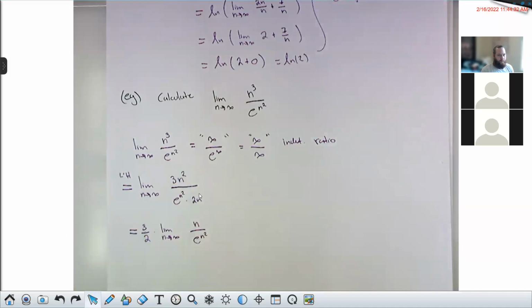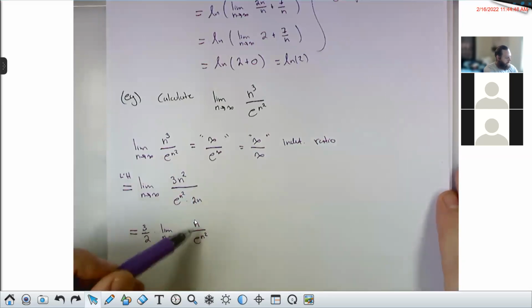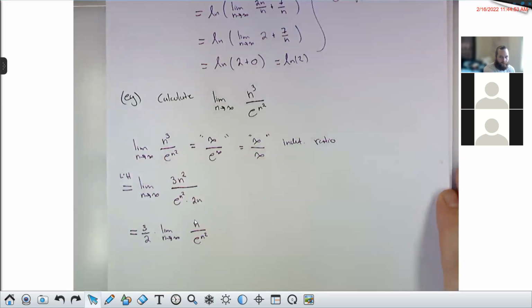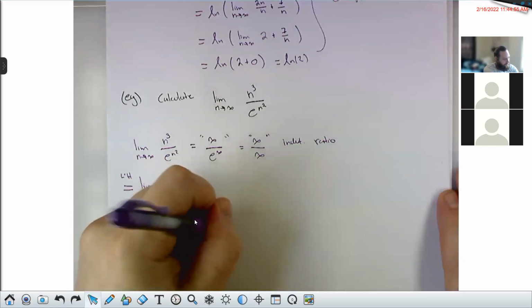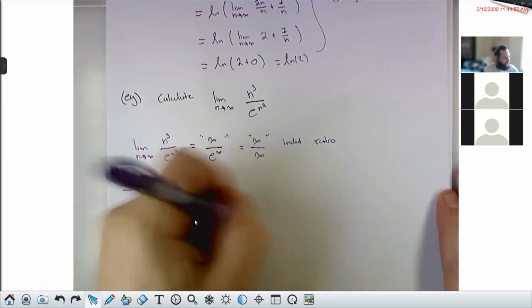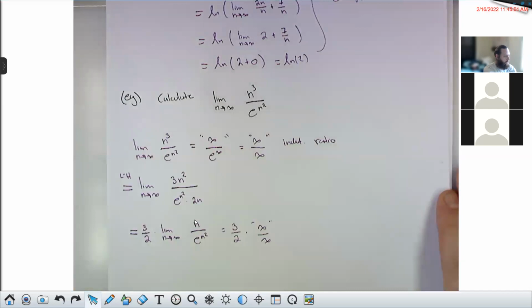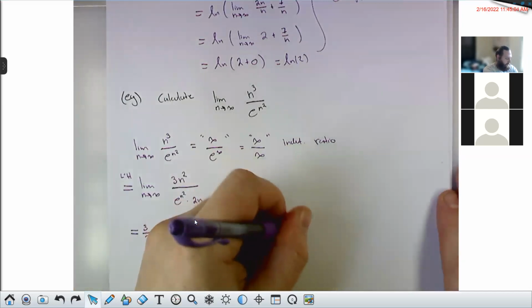There's an n squared upstairs and an n downstairs. I can cancel those, so there's just one n upstairs now, and I get n over e to the n squared. The e to the n squared piece hasn't gone anywhere. But the top is still going to infinity, and the bottom is still going to infinity. This is like 3/2 times infinity over infinity, which is again an indeterminate ratio.